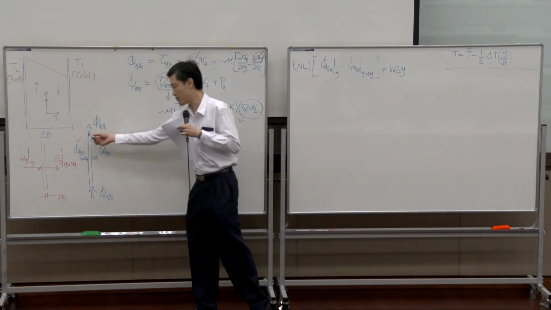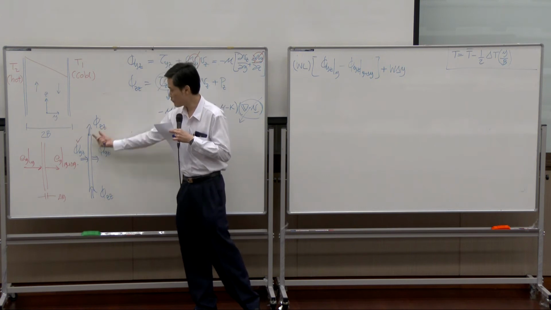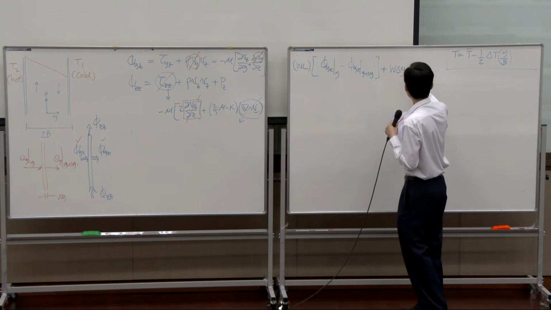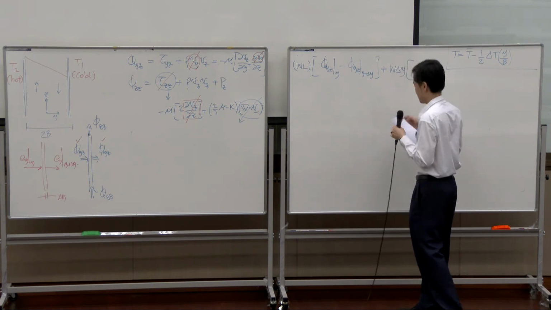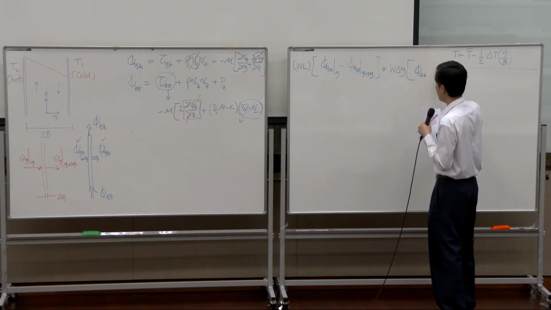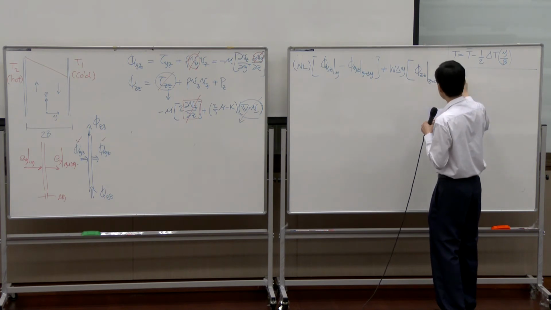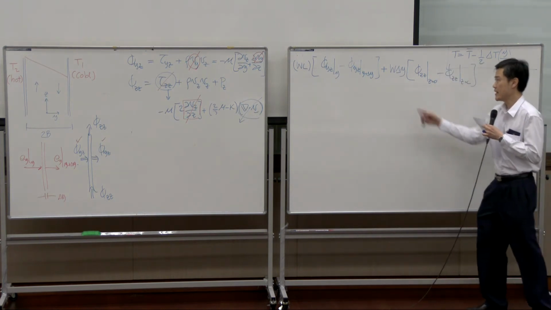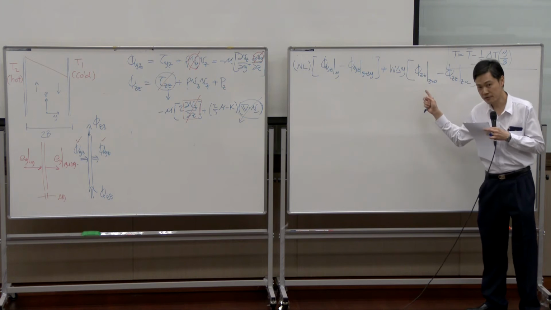W would be the area perpendicular to this screen. Delta Y is this gap. Then inside that would be ZZ at Z equal to 0 minus ZZ at Z equal to L. That's in and out in two directions.